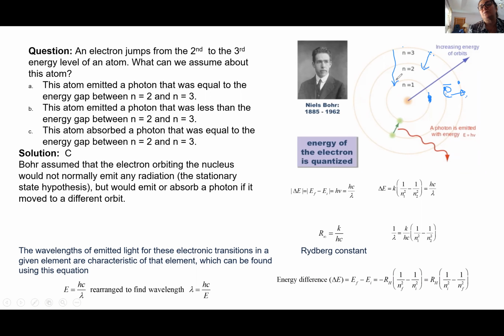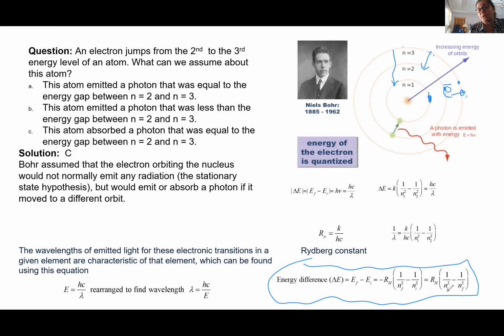So that's basically the Bohr model. The formula to calculate how much energy is going to be released is right here. It's known as the Rydberg equation. With the Rydberg equation, where is the electron going to be landing?